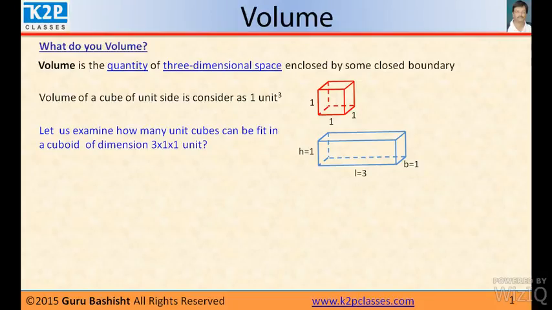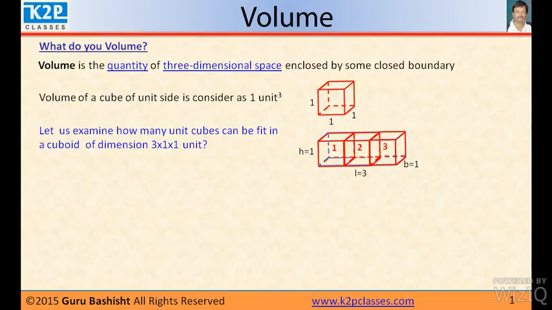Let us examine how many unit cubes can be fit in a cuboid of dimension 3 into 1 into 1. That means its length is 3 unit, height is 1 unit, and width is 1 unit. 1 cube, second cube, third cube.